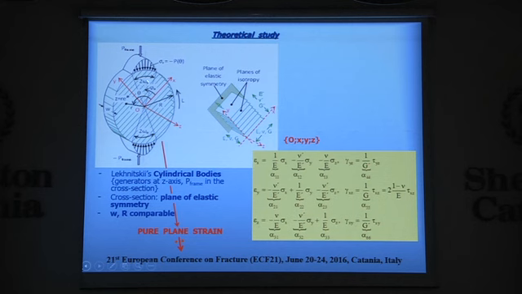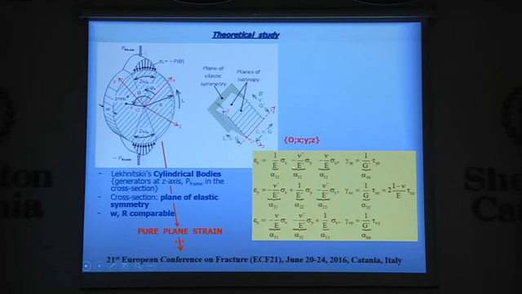Actually, the extent of the loaded ring is 2 times omega 0 multiplied by the disk radius r. And for the specific choice of the Cartesian reference, in a general case of heterotropic material, these are the generalized Hooke's law relating strains to stresses through these engineering constants.